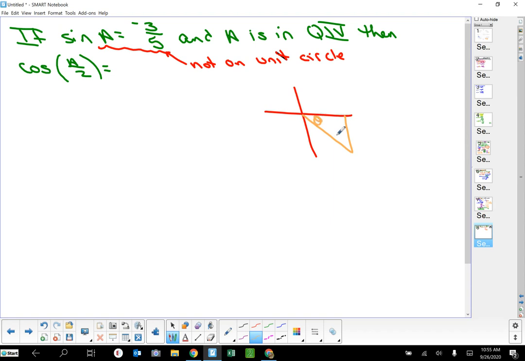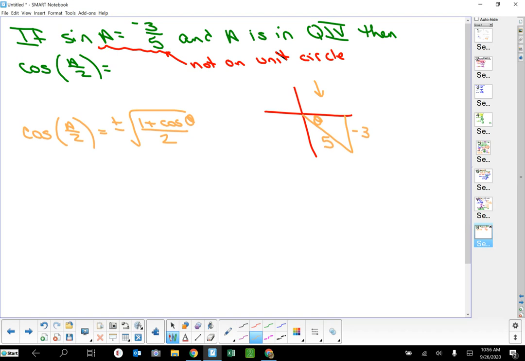We know sine, here's our angle. Sine is -3/5. And for cosine of A over 2, let me go back and look at my formula here. Cosine is plus or minus the root of 1 plus cosine theta over 2. So we do need cosine, so we do need to find this missing side here.